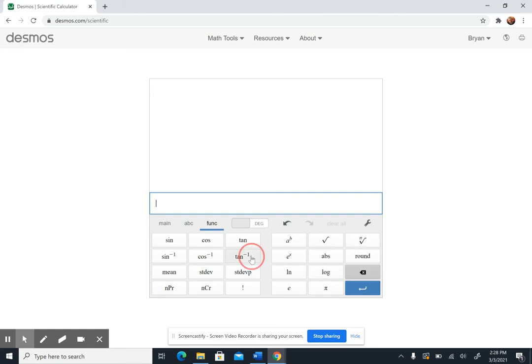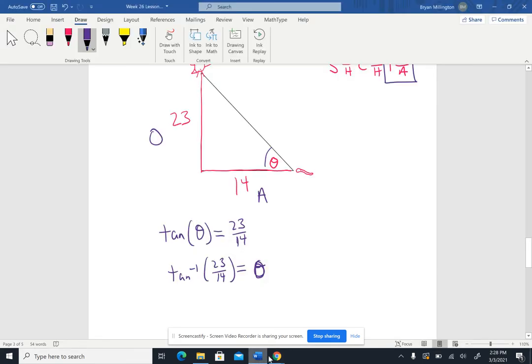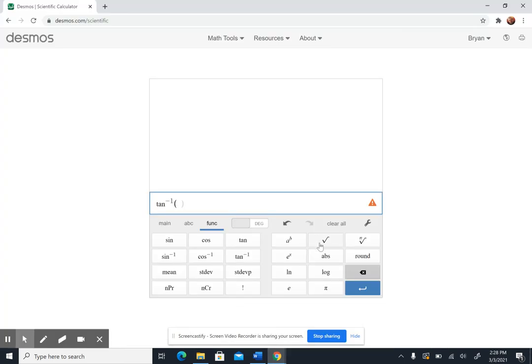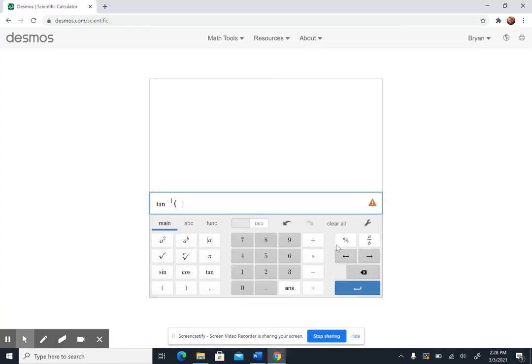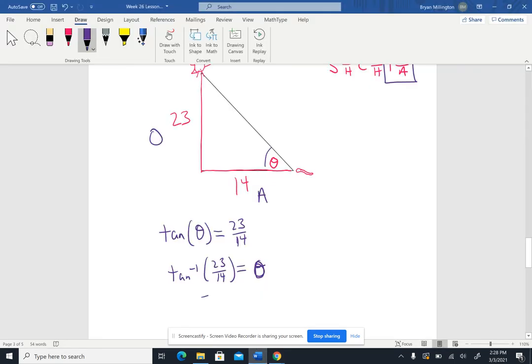Inverse tangent of 23 over 14. Looks like it's 58.671. 58.671 is approximately equal to theta.